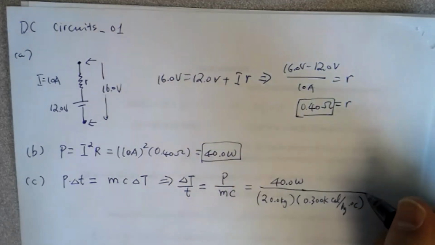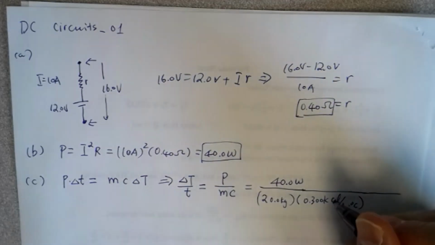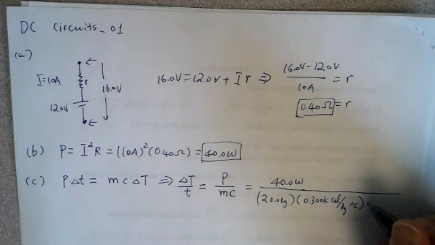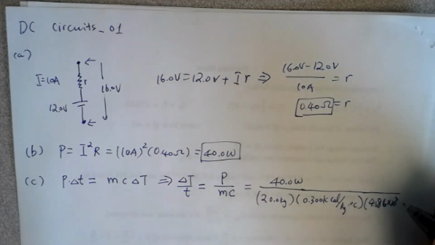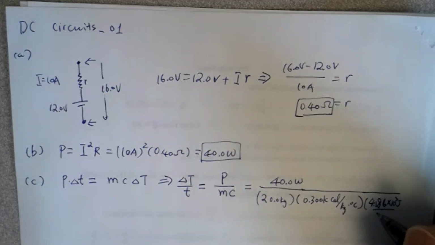Well, this guy should be multiplied because this is calorie, right? But we need joules. So then multiply by 4.186 kilojoules over kilocalorie.